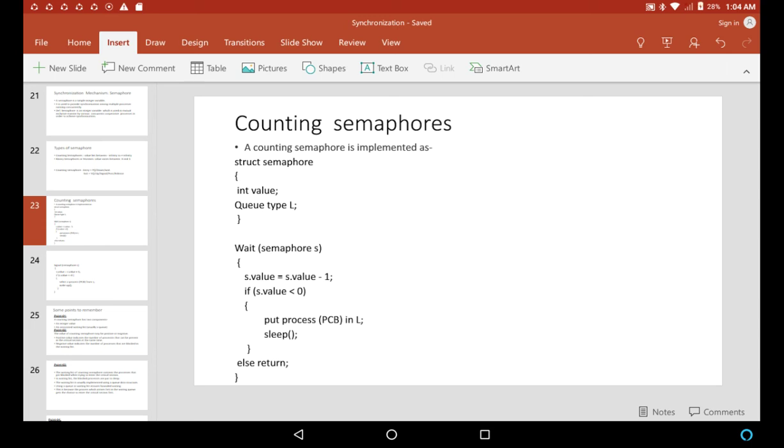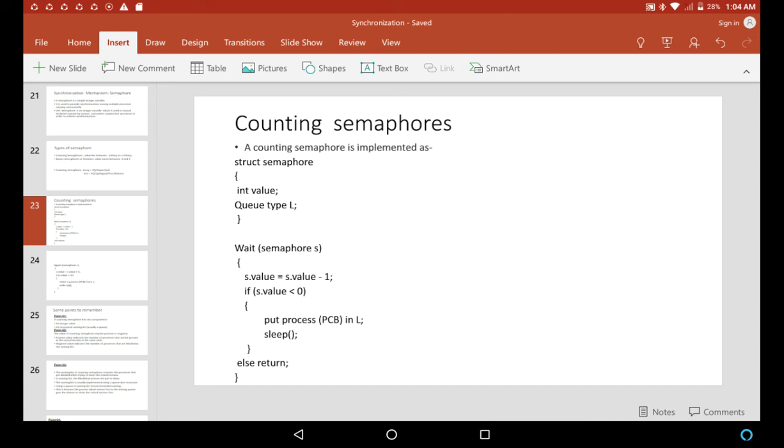Let us say S is carrying some value 3, because as it is a counting semaphore, it can handle any value between minus infinity and plus infinity. So let us assume S has value 3 for the time being, to look at the actual functioning of this wait operation.